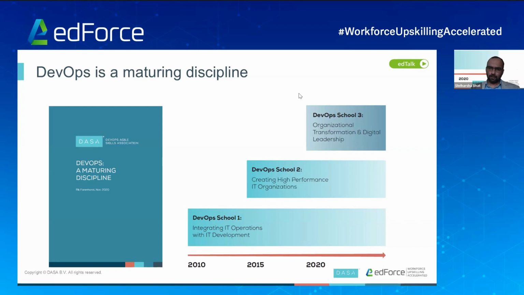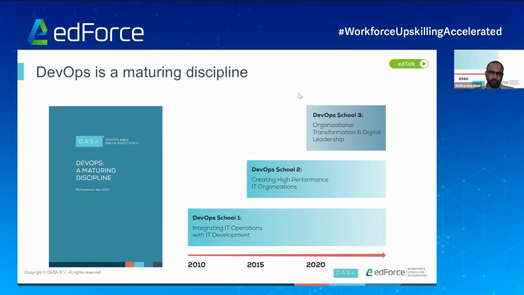Products, a lot of solutions, a lot of readily available templates, etc. We'll talk about that from the second school of DevOps onwards, right? Okay, so there is also a third school of DevOps thought, where the focus is organizational transformation and digital leadership. In school 2, we talk about high performance organizations and teams.